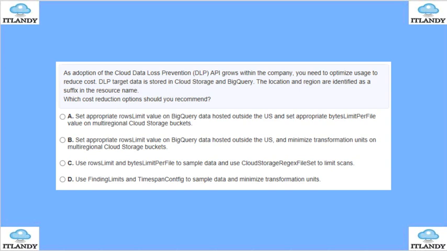So that's C. Using a row limit and byte limit helps with cost savings as well as focusing the DLP, and you apply the regex policies against the files and regions you have. The answer is using a row limit and byte limit per file to sample data and using Cloud Storage regex to set the limit on it. That was the last question for part 3.